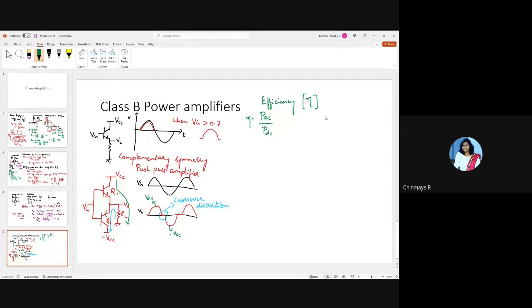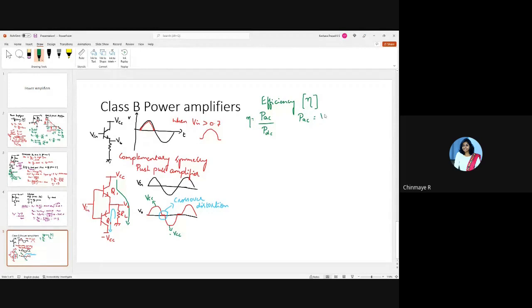So therefore I can write PAC. Maximum efficiency we are calculating now, okay? So maximum efficiency will be when the output swing is maximum. So this will be voltage into current, right?